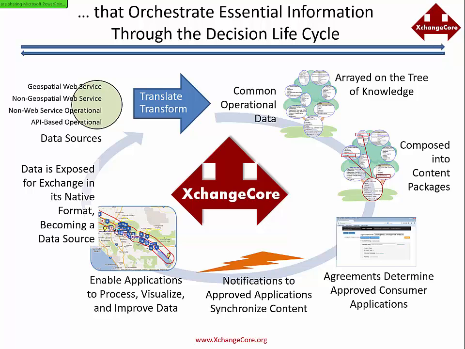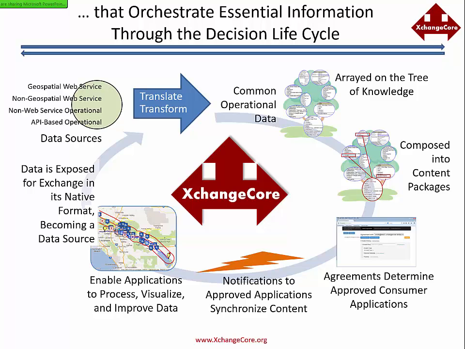And those applications down the bottom left-hand side are now enabled to process, visualize, and improve the data. And when they improve the data, it then gets put back into the cycle. Because I do something on my application, I want others to know about it. So that data is then exposed in its native format, becoming a data source that then gets translated and transformed back into common operational data.